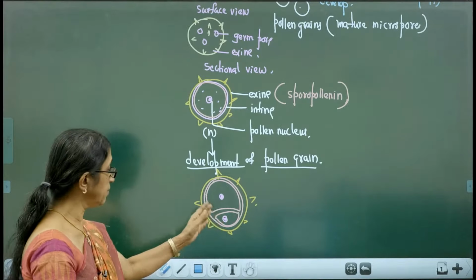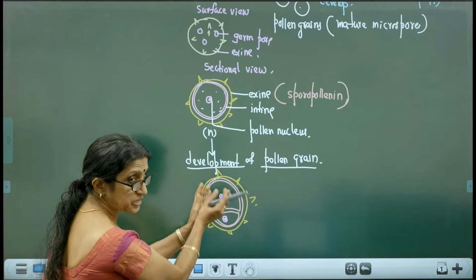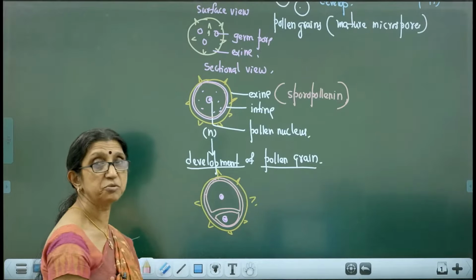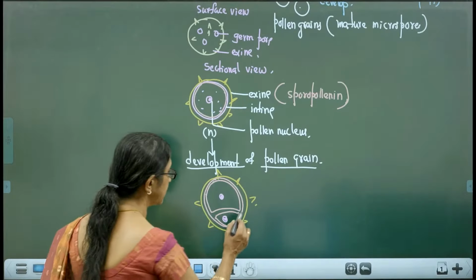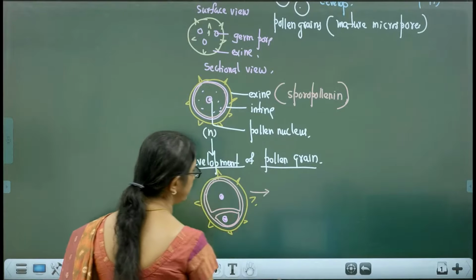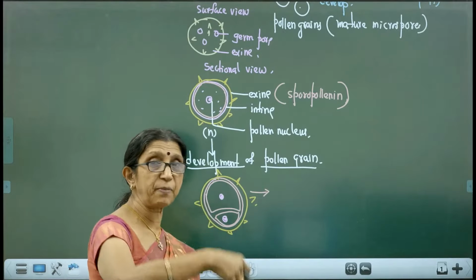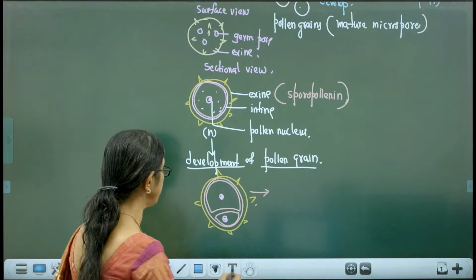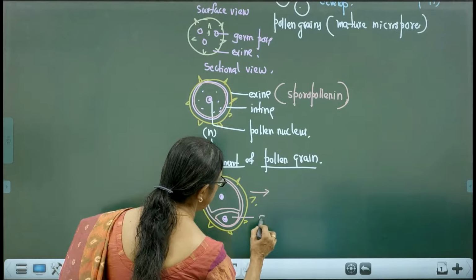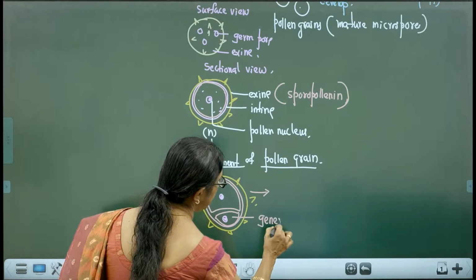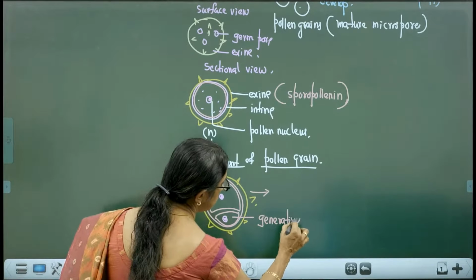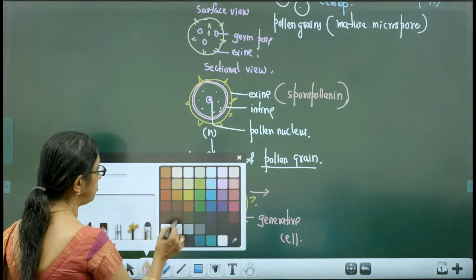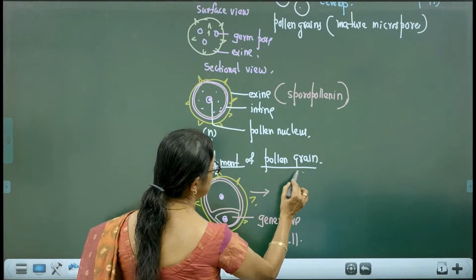Later the whole thing gets pinched off from the plasma membrane and released into the cytoplasm of the parent pollen grain, and thus there is formation of a small cell within the parent pollen grain. The newly developed one is known as the generative cell. After the formation of the generative cell, the pollen grain will appear like this.